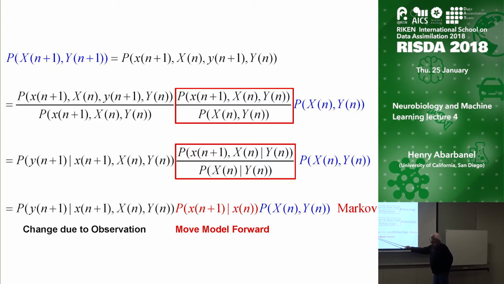This quantity needs interpretation, but this tells you how to modify your probability distribution when you make a measurement. This is called a Markov property, and this is often called a Bayes property. Those are quite general. This has nothing special to do with how you build your model and your system.